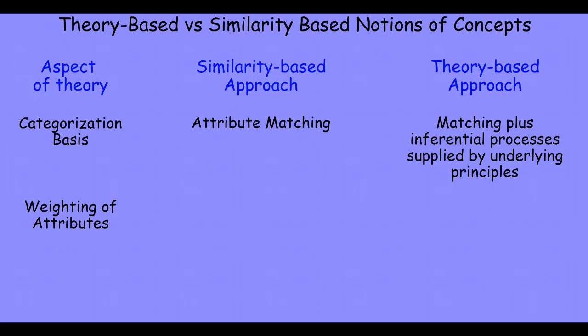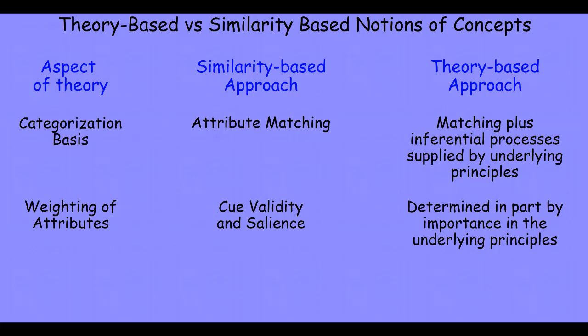When we think about how attributes get weighted in the similarity approach, the two sources are cue validity, how diagnostic is this of the kind of thing, and salience, how much does this jump to our attention. In our theory-based approach, weighting of attributes is determined in part by the importance of those attributes given the underlying principles that unify the concept as a whole. So we'll pick up this comparison in the next module.